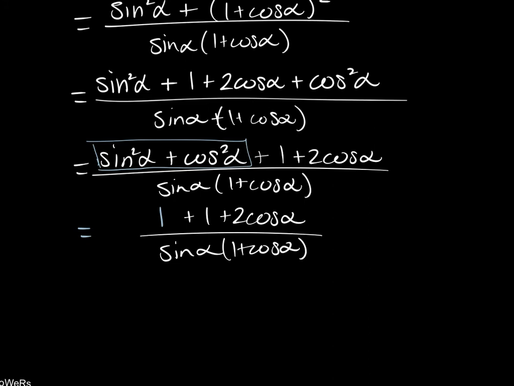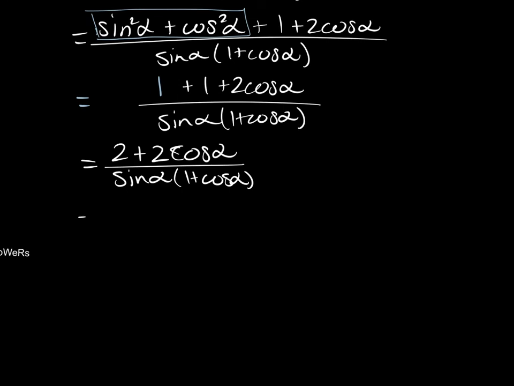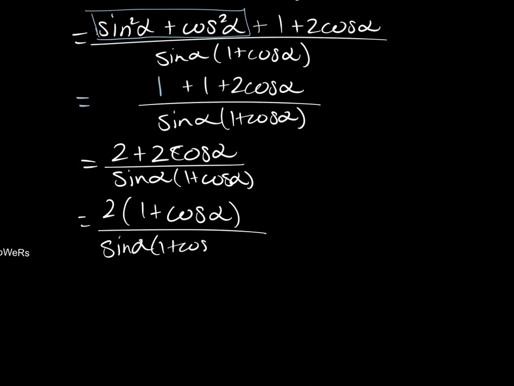So I'm going to combine my 1's in the numerator, so I get 2 plus 2 cosine alpha over sine of alpha times 1 plus cosine alpha. I can factor out a 2 from the numerator, so I get 2 times 1 plus cosine alpha over sine alpha times 1 plus cosine alpha.